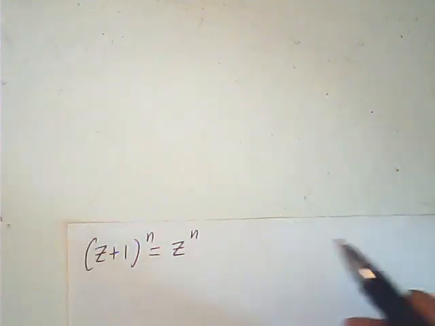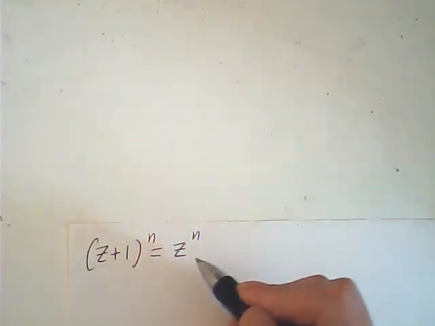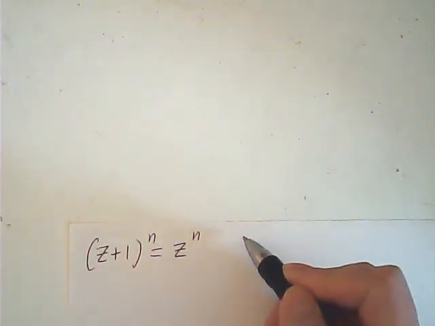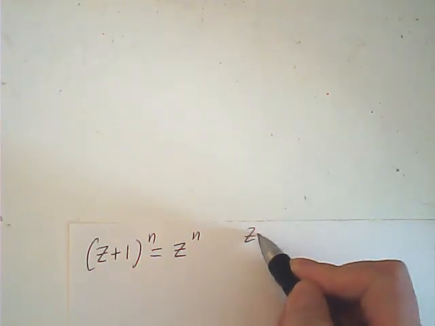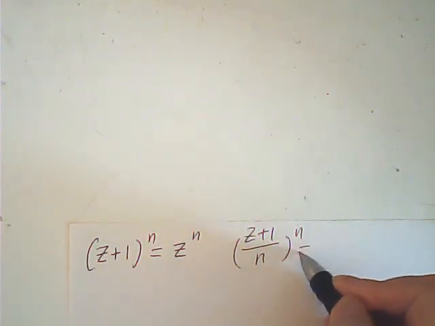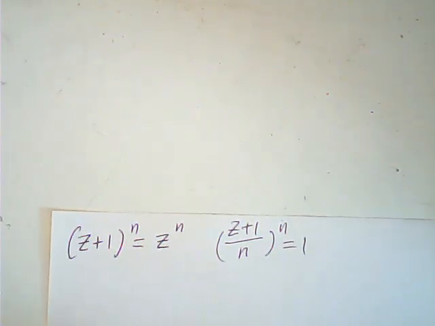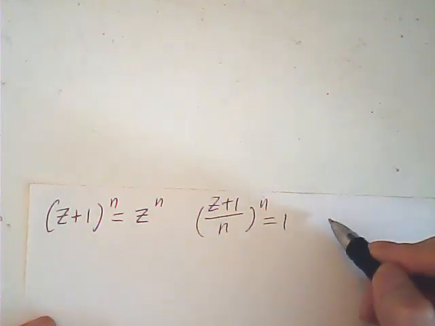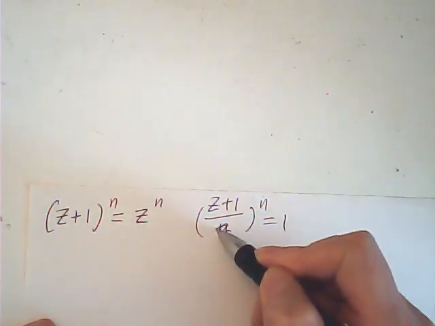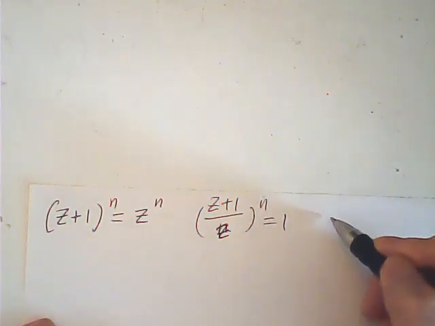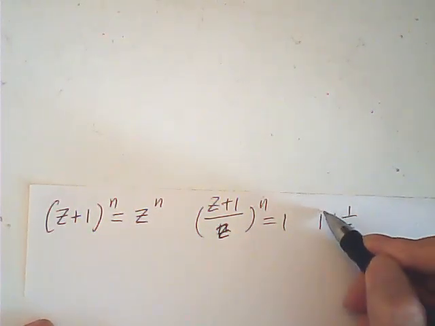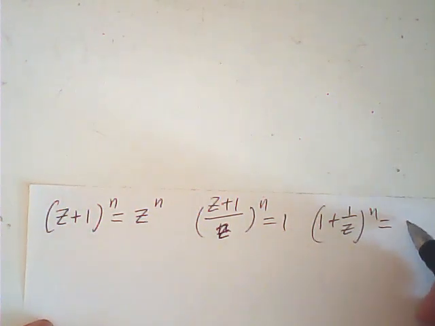Now, I start with this, right? Move this one to the left. So it's ((z + 1)/z)^n = 1, isn't it? Therefore, (1 + 1/z)^n = 1.